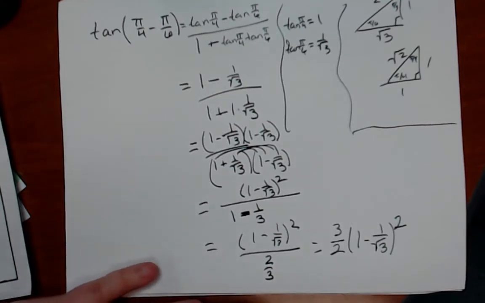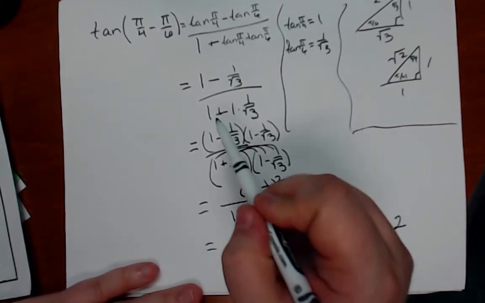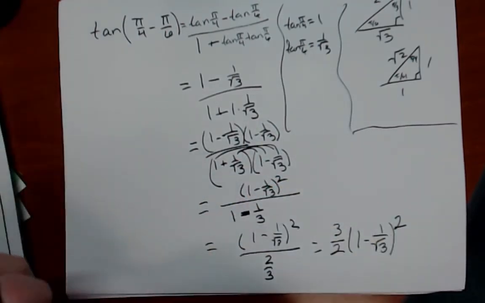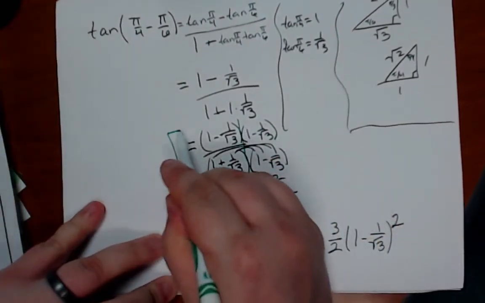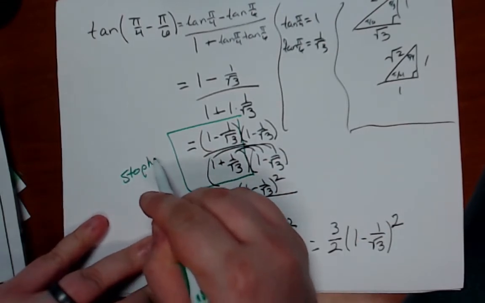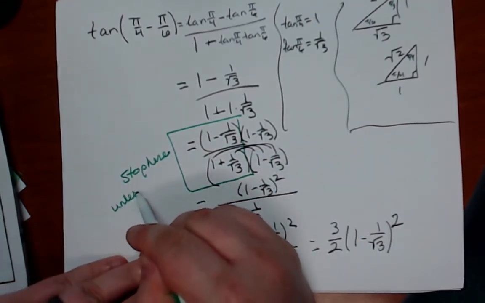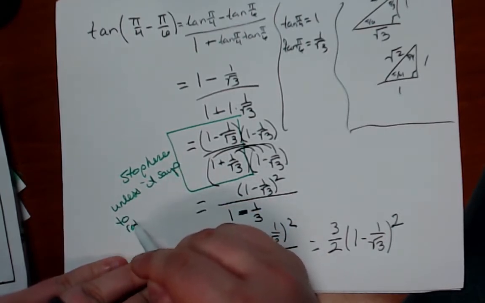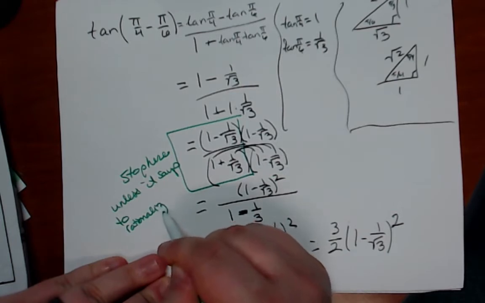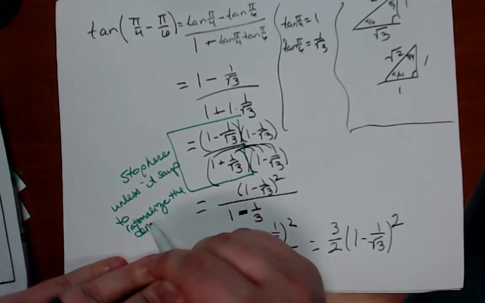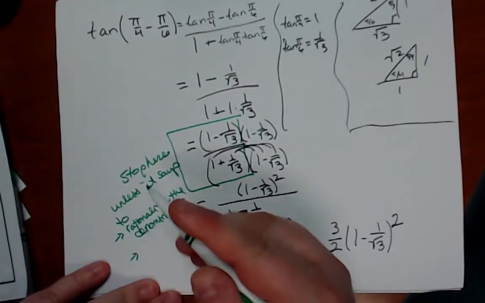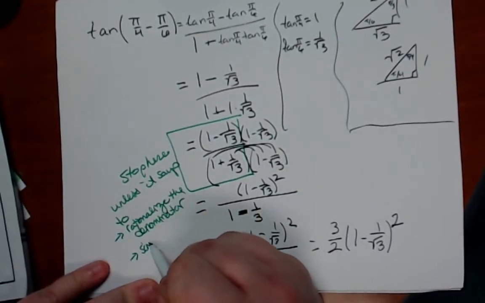Unless I specifically say to rationalize the denominator, you can stop. Let me get a different color. You can stop here, unless it says to rationalize the denominator or to simplify completely.